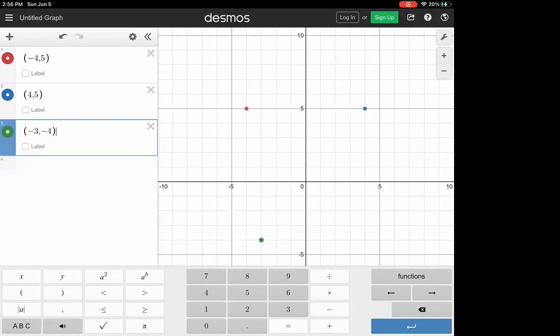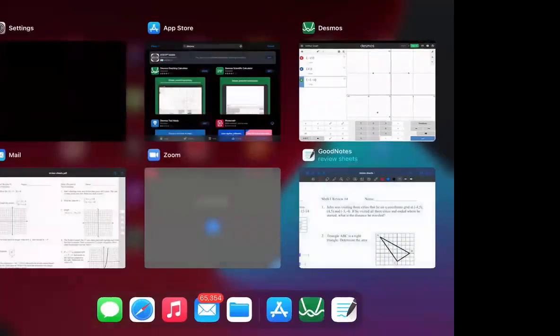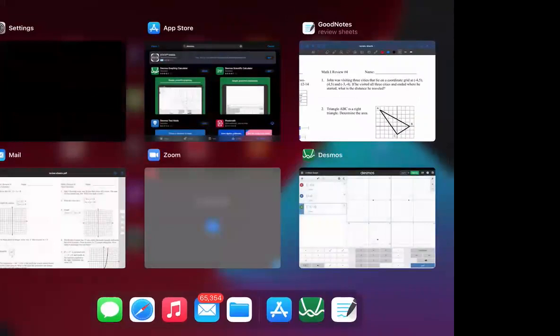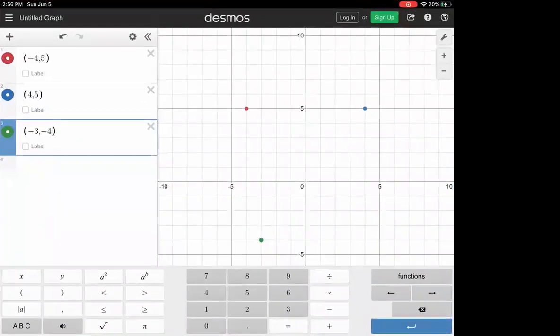So he visited all 3 cities here, and I want to know how far he traveled if he ended up where he started. If I sketch that shape, I've got a line across the top from (-4, 5) over to (4, 5). Then it comes down to (-3, -4), and then back up to (-4, 5).